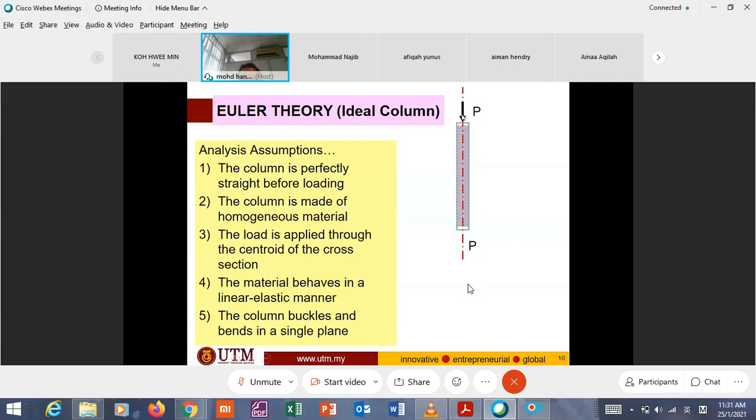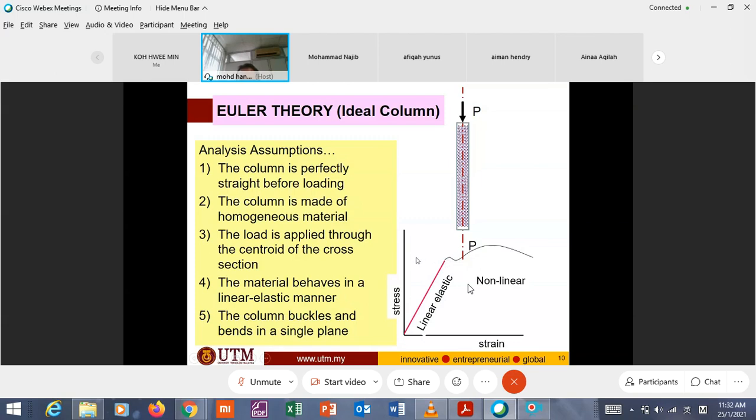Here, the load is applied to the centroid of the cross section. This is the cross section, and this is the centroid or center line. Number 4, the material behaves in a linear elastic manner. When you do a tensile test, this is the first part of the stress-strain curve.